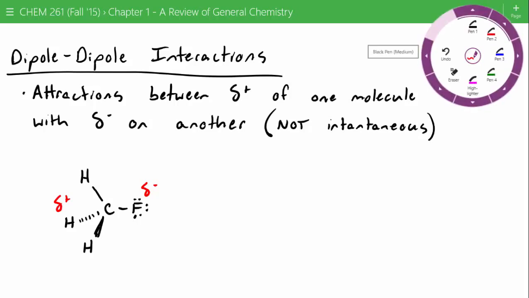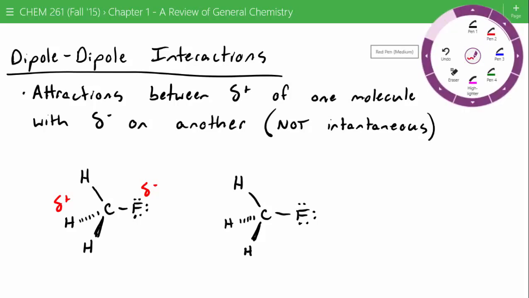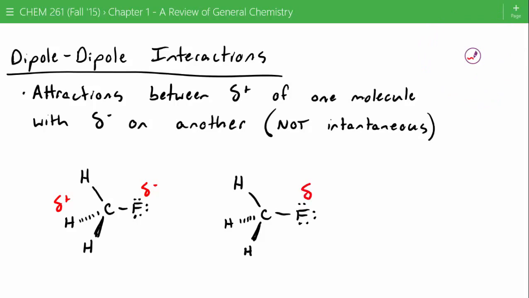And then if we've got another one of these molecules, I'll draw it over here. Got a hydrogen sticking down, another one going out. The fluorine on this one also has delta negative, and this one is delta positive.